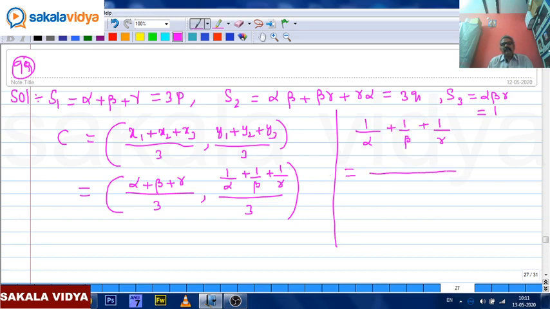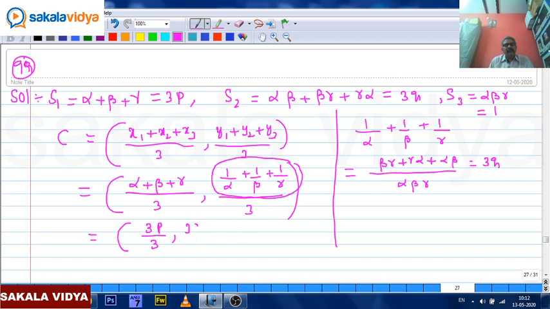Here LCM is alpha beta gamma, and the numerator is beta gamma plus gamma alpha plus alpha beta. This is nothing but S2 by S3, that is 3q by 1. Alpha plus beta plus gamma is 3p. Substituting, we get 3p by 3 comma 3q by 3, so p comma q is the centroid of the triangle.